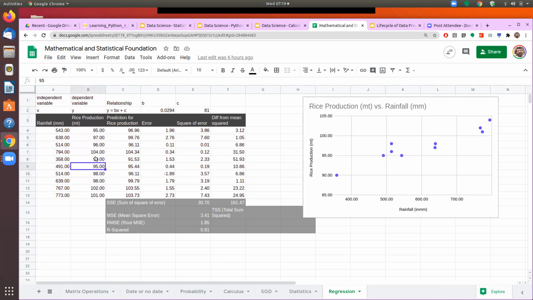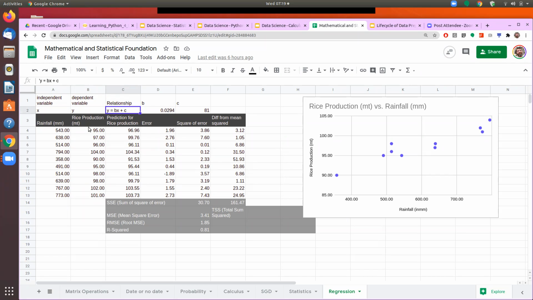Fine. So this relationship that we want to find, how x impacts y, is normally represented in the form of an equation where we say that y is equal to b into x plus some constant, the constant being c. This b is called the beta, and x is the independent variable.